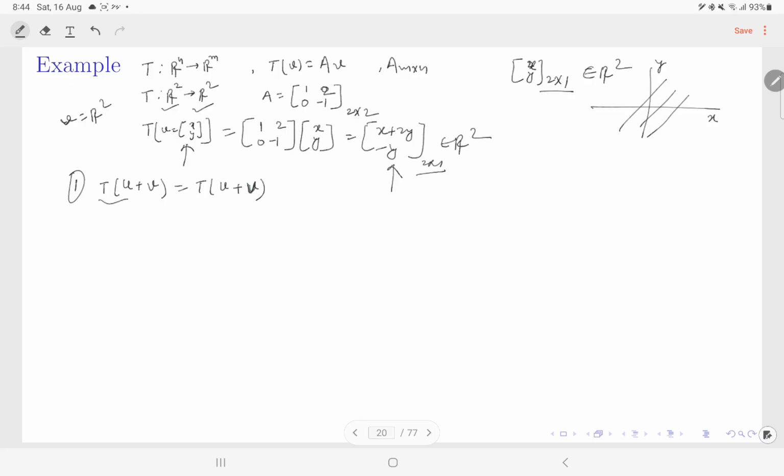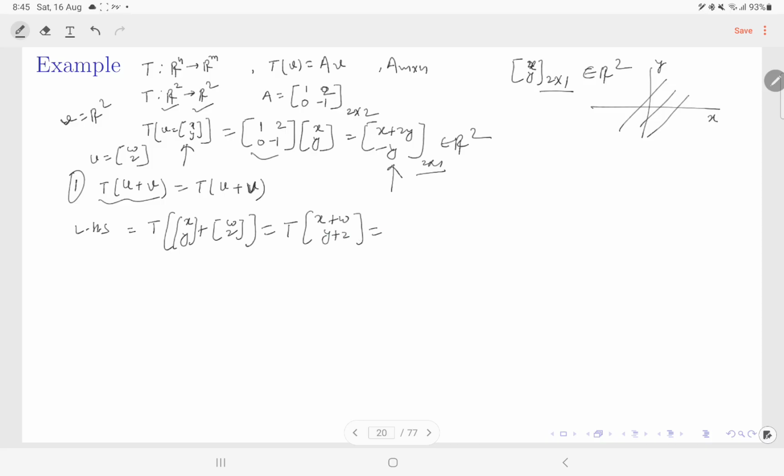Okay, so let's solve this first, the LHS. T of, let's say, (x, y), this is your u, plus v. V is, let's say, (w, z). What can this be written as? This will be (x plus w, y plus z).